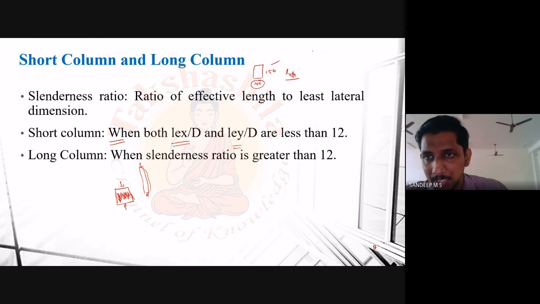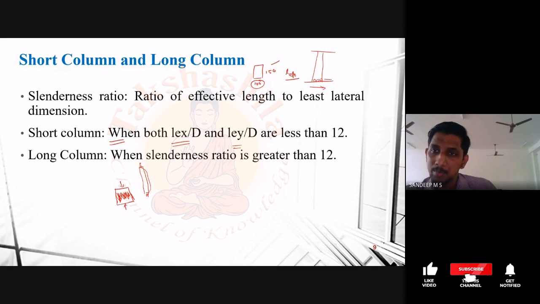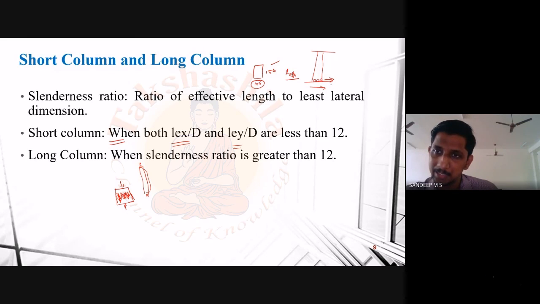So when we have a structure, let us take an actual structure. We have a column like this. First, we will look in this direction. Sometimes, suppose I have a roller here, and there is a provision for this column to move here. Slight movement is actually permitted in this direction, this is our x direction.